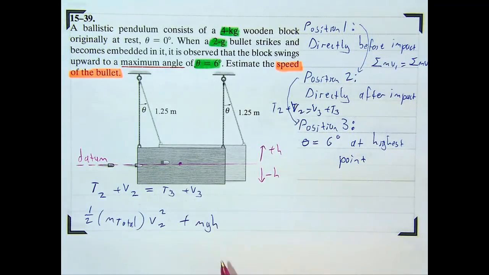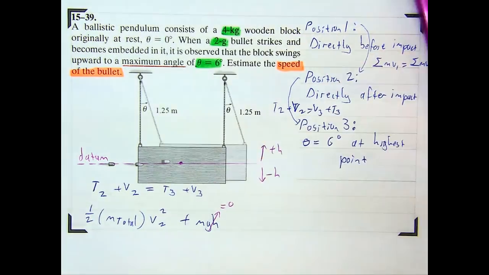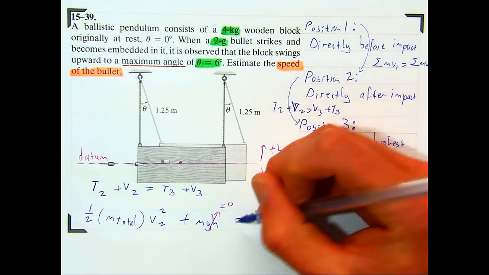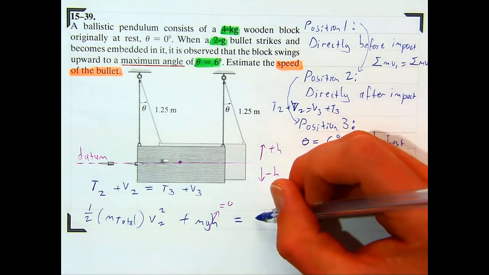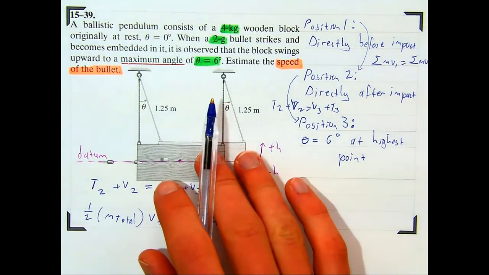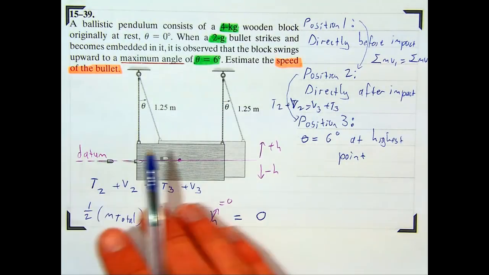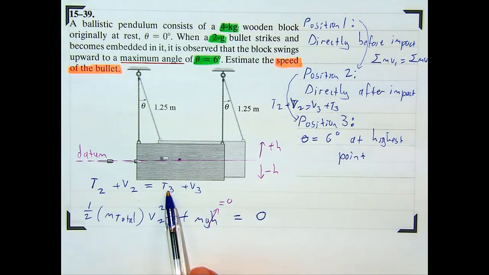If the object initially is at the datum, it would have no gravitational potential energy. The kinetic energy at the highest point would be 0, because that is when it reaches the maximum angle, and then it will temporarily come to rest and swing back down. So the final kinetic energy is 0.